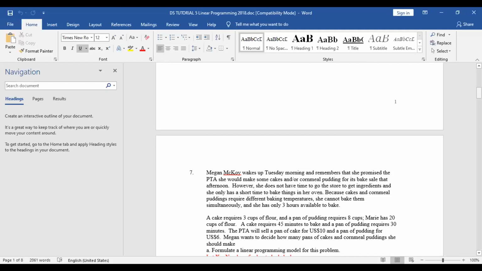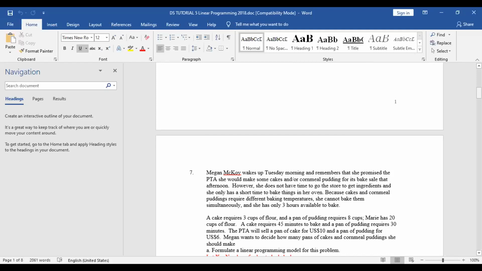It is setting you up right away to tell you that she has an objective to achieve, but right away she's facing the constraints. Time to go shop, and she only has a limited time to bake. So she's facing constraints in terms of ingredients to get and the time to actually bake.